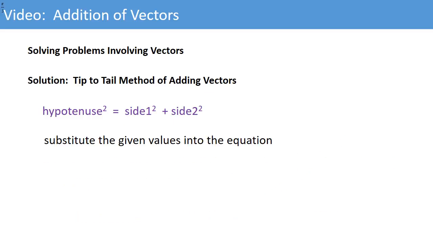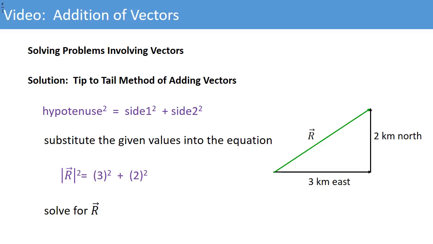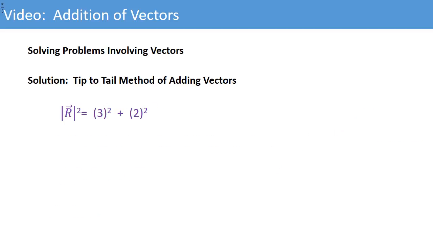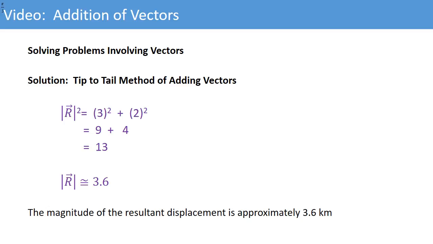To do that, we're going to substitute the given values into the equation, and we're going to solve. So, 3 squared is 9, 2 squared is 4, and take the square root of that, so our resultant would be approximately 3.6. That would be our magnitude, and our unit of measure is kilometers.